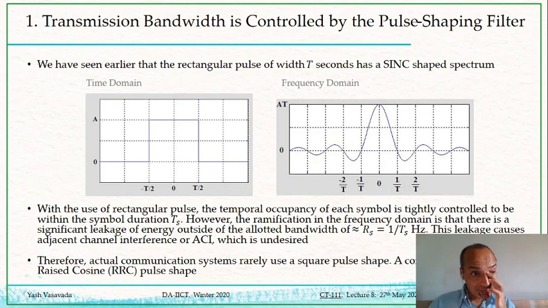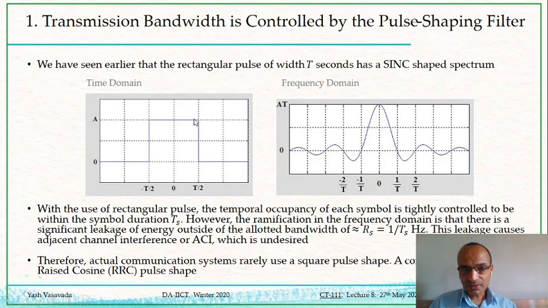Now, it is conceptually possible to represent each symbol that is being transmitted by a rectangular pulse. So every time, for example in BPSK, we want to send plus A volt, we will send a rectangular pulse whose height is A volt.